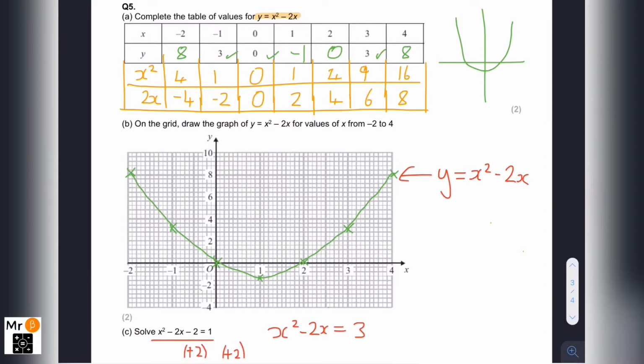If this was equal to 0, my two roots would be where y equals 0, in other words, where it crosses my x-axis. However, it's equal to 3. So what we do here is we draw a straight line going horizontally across at y equals 3.